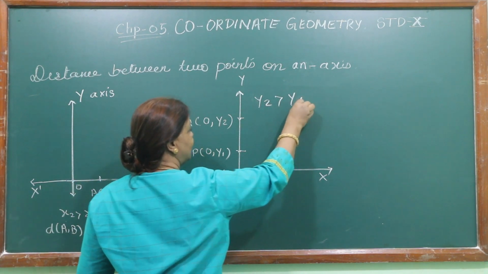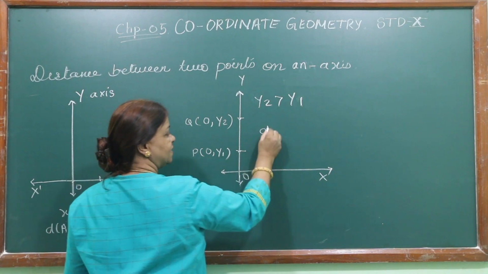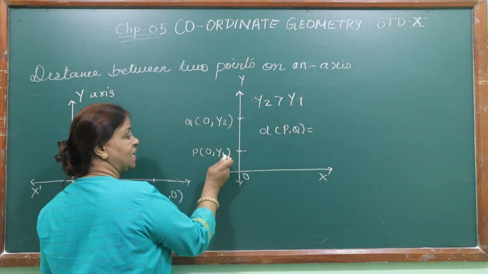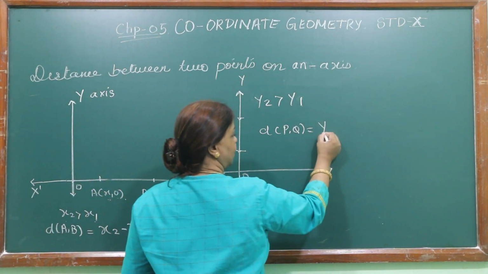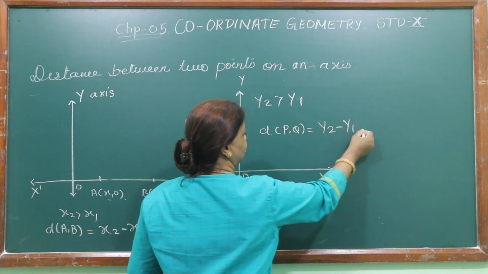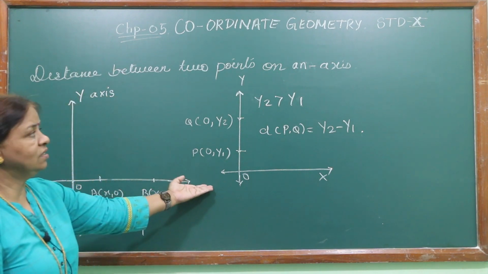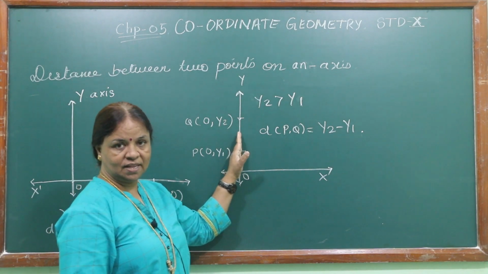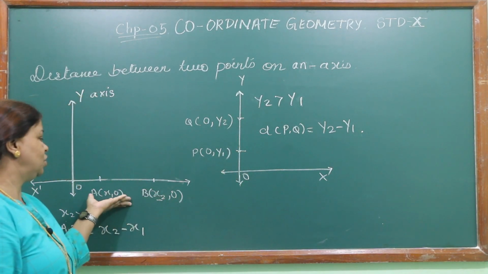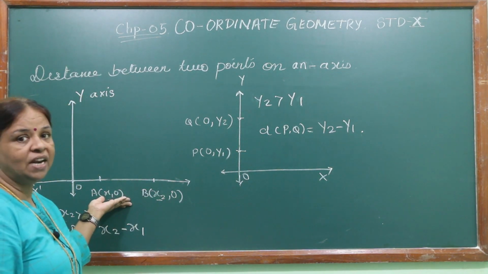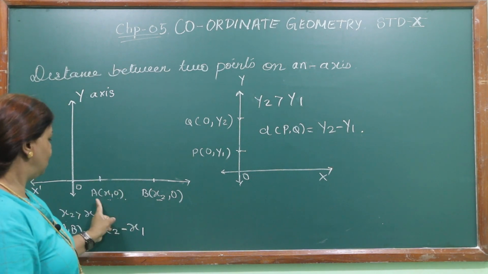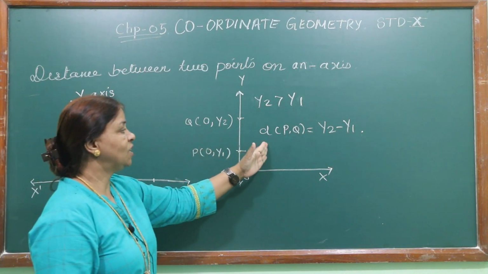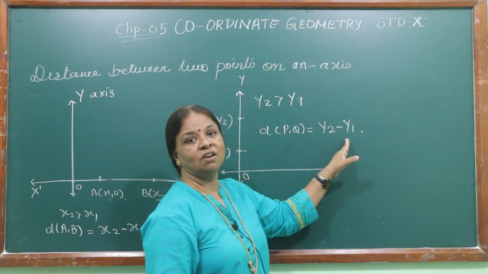And what will then be the distance PQ? Distance PQ will be equal to the larger distance minus the smaller distance, so y2 minus y1. So here we have learned how to find the distance between 2 points when the points are lying on the y-axis and on the x-axis. So when the points are on the x-axis, x2 minus x1, and when the points are on the y-axis, y2 minus y1.